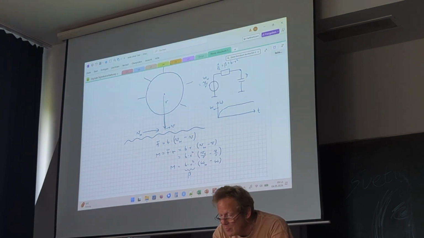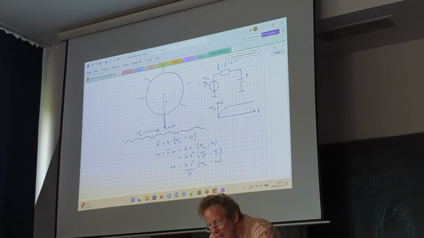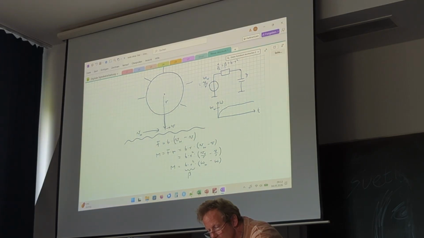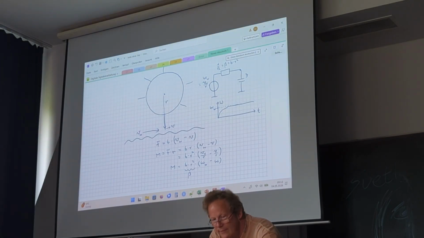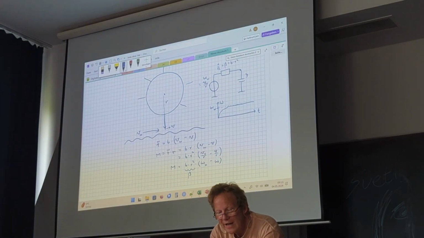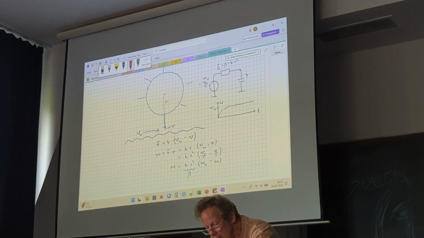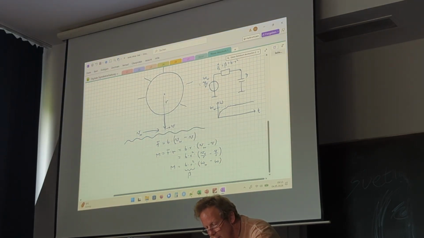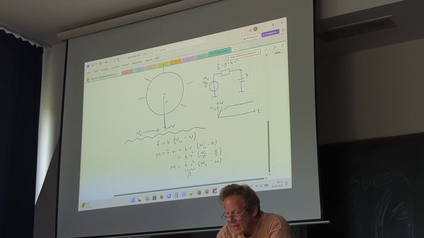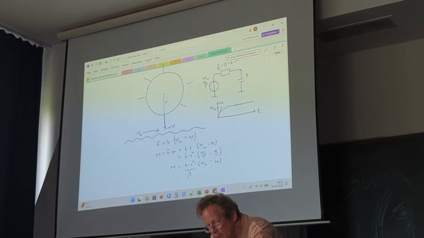There's even a time constant which we can add here. So if we draw here a straight line and the initial tangent. Okay, so here is an initial slope tangent, where this tangent crosses the final value, omega water.